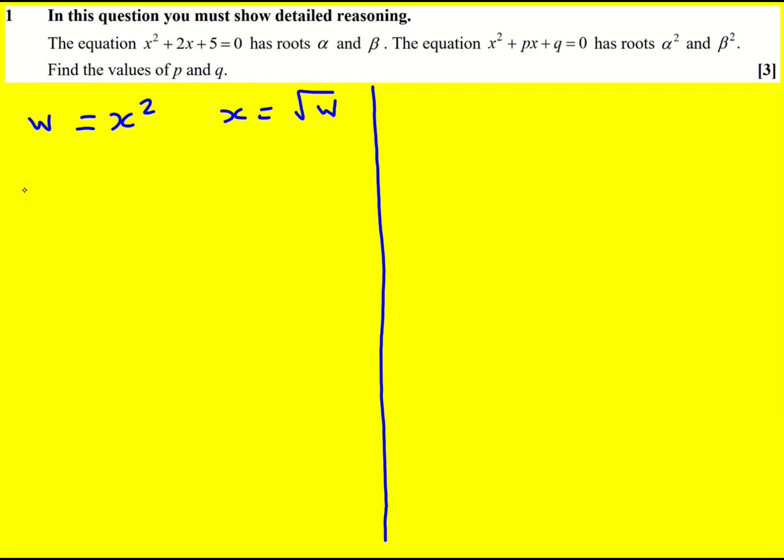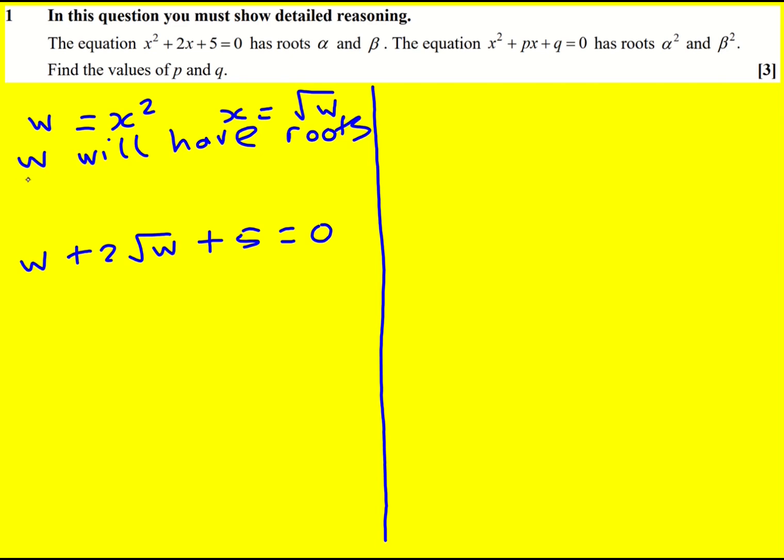So I'll get root w squared, which is just w, plus 2 root w plus 5 equals 0. And let me just say, w will have roots alpha squared and beta squared.